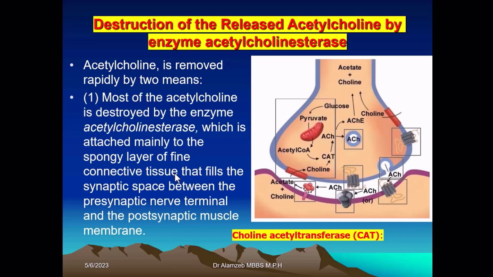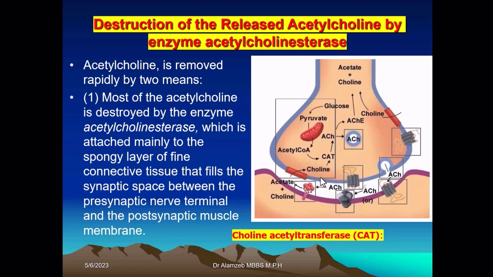Most of the acetylcholine is destroyed by the enzyme acetylcholine esterase. Here, acetylcholine esterase is present in this synaptic cleft, mainly attached to the spongy layer of fine connective tissue that fills the synaptic space between the presynaptic nerve terminal and the postsynaptic muscle fiber.